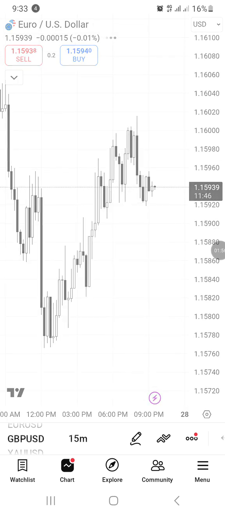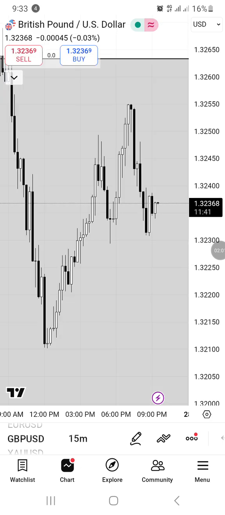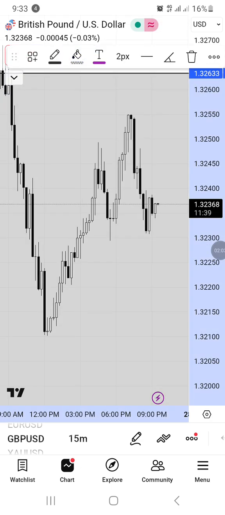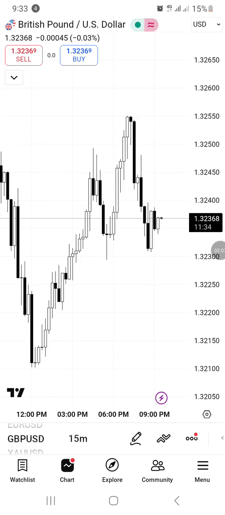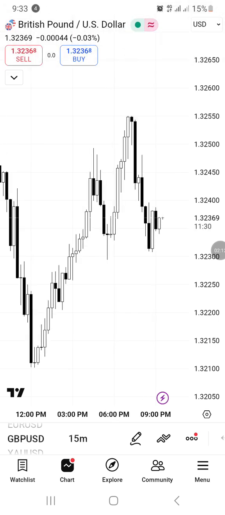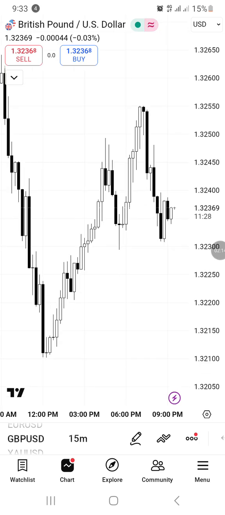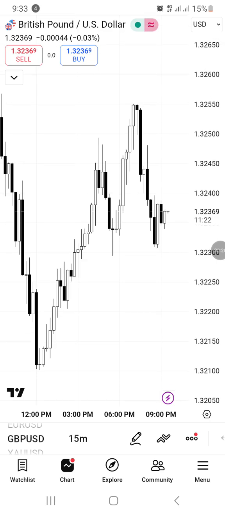Let's go to GBP USD. I hope you can see the movements, right? How they do move. If Euro USD is buying, even GBP USD will be buying. As you can see the movements, I can't fix it on one screen, but I try to explain it to you so that you can understand it better.